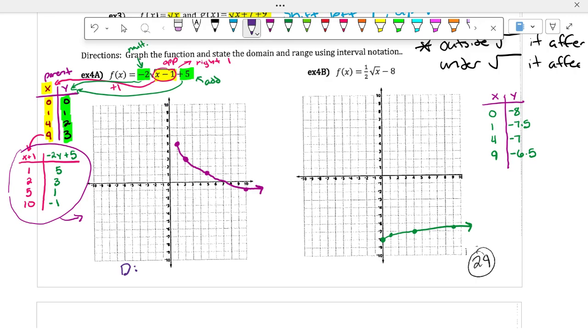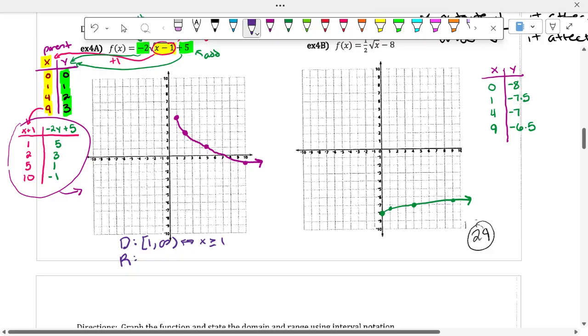Guys, if I run my pencil from left to right, what's my lowest x value? 1. All right, what's my highest x value? So my rightmost x value? Nope. Arrow, infinity. Other way you could write it is x has to be greater than or equal to 1.